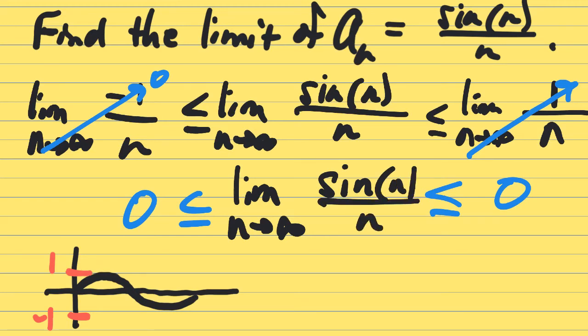The numerator fluctuates between -1 and +1 throughout its entire life cycle. The denominator grows larger and larger and larger. So by squeezing that in, what do you think the limit of this term is? That's right, it's also 0. Very good.